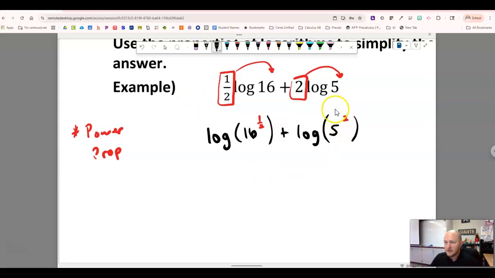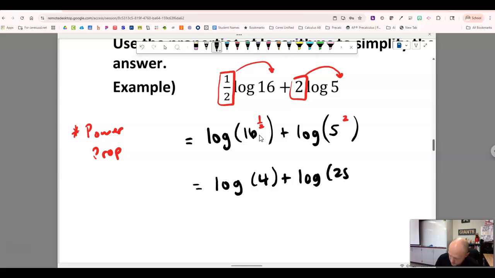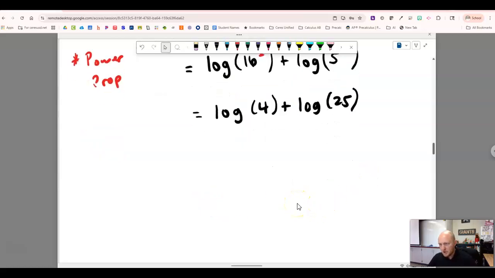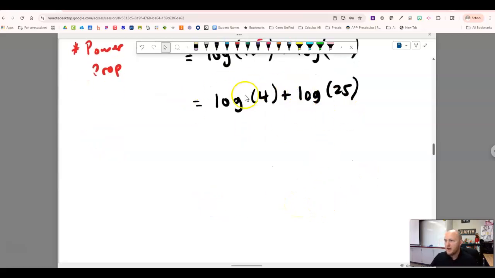And now I can go ahead and evaluate these, right? 16 to the power of 1/2, I know that that is 4. This is log of 4 plus log of 25. And notice these logarithms are missing their bases. These are the common logs. These are both base 10. So I now have two logarithms of the same base and I'm adding them. Here is where we are going to use the product property.